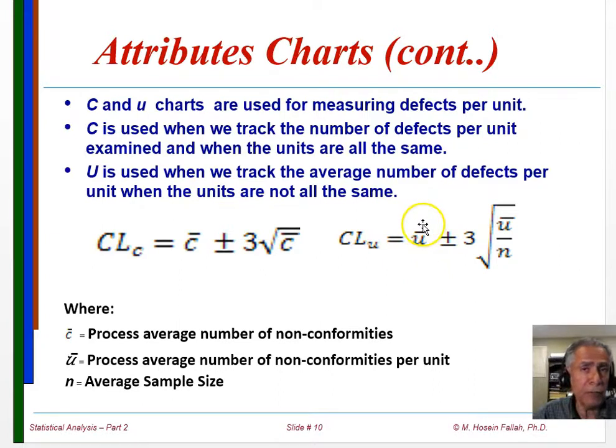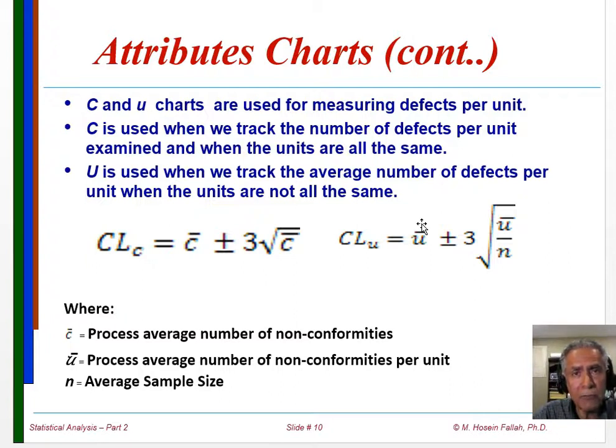On the other hand, if you're looking at a product where the samples are different sizes, let's say that we're looking at production of glass panels, and they are different sizes, and you're looking at the imperfections from that. Or in IT, if you're looking at the number of defects in a module, and the modules are different sizes, but the number of defects will represent how many lines of code are wrong or have problems.